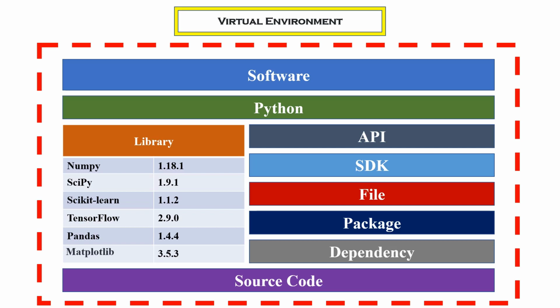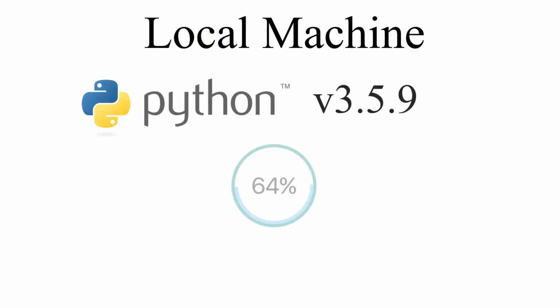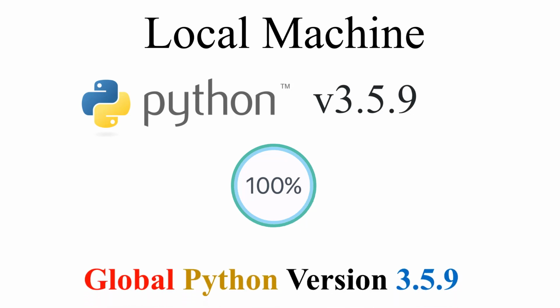For example, in your local machine, you have installed Python 3.5.9. This Python version 3.5.9 is a global version for your computer.